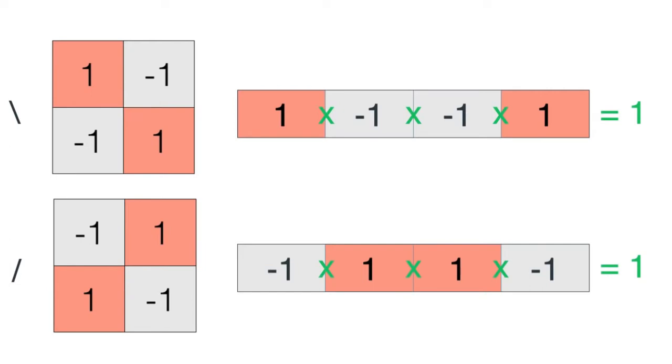Okay, let's try another operator like multiplication. What if we multiply all the numbers we have? So we have 1 multiplied by minus 1 multiplied by minus 1 multiplied by 1, which equals 1. For the next strip we have the same result as the above.